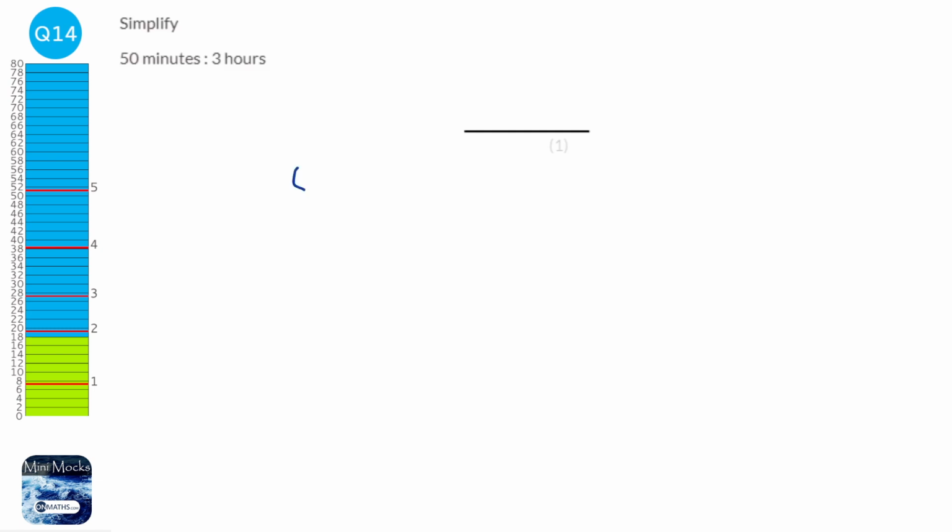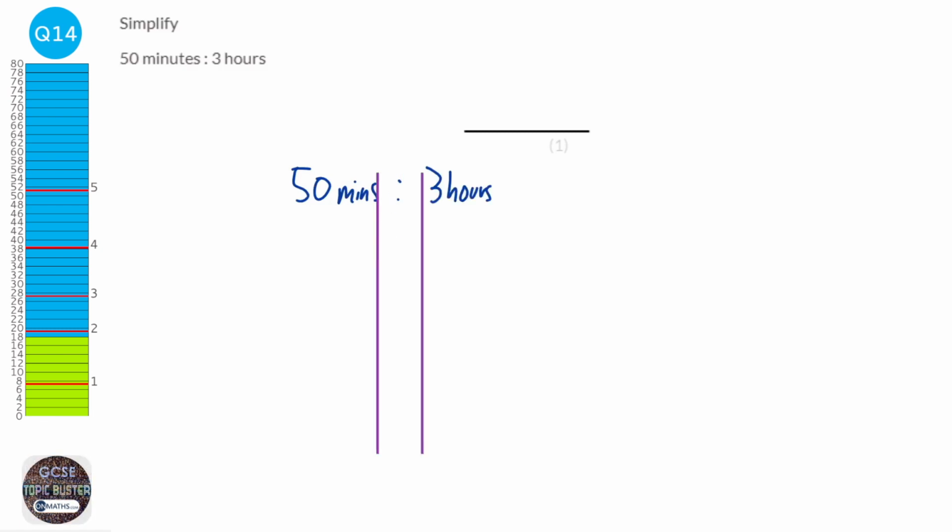We're going to first of all have to convert these both into the same unit. So we've got minutes and hours, that's not going to help us much. So what I'm going to do is pick the smaller unit, which will be minutes. So I'm going to keep that 50 minutes. And I'm going to convert 3 hours into minutes, that would be 180 because we times by 60.